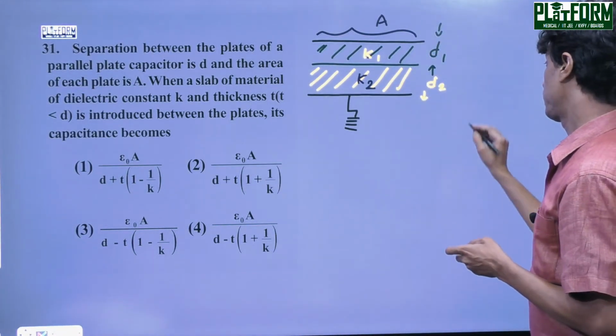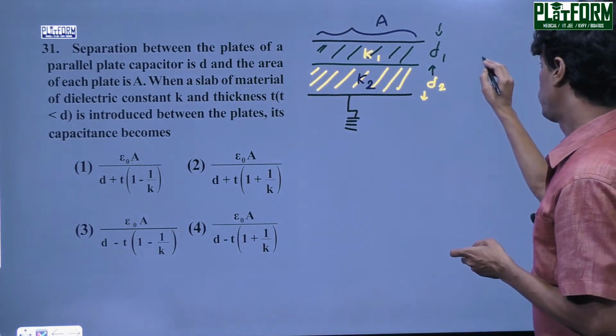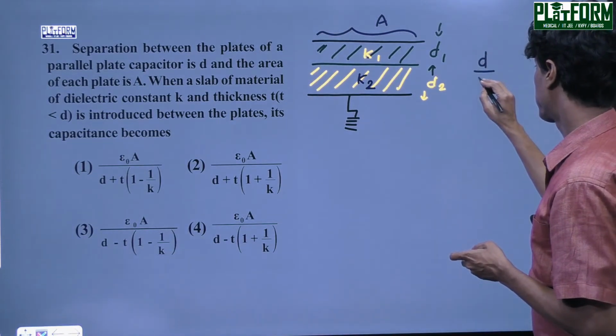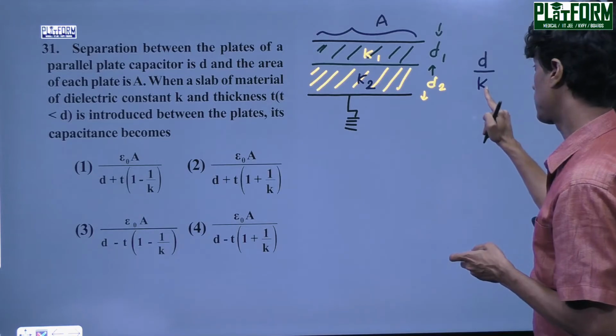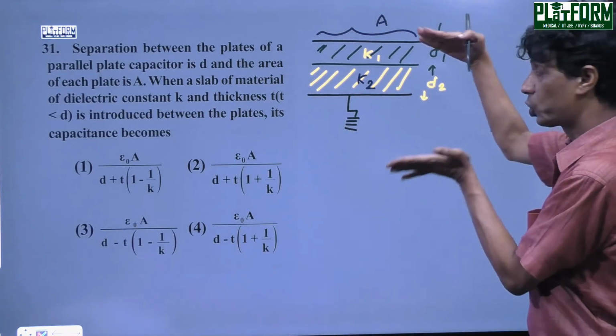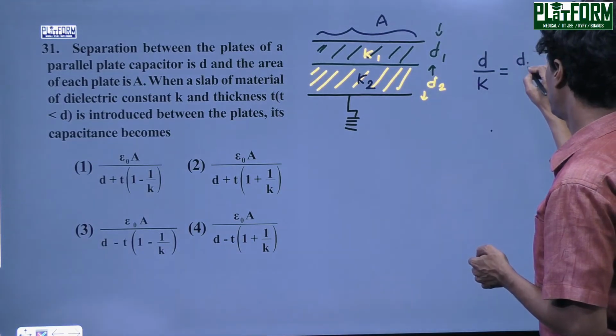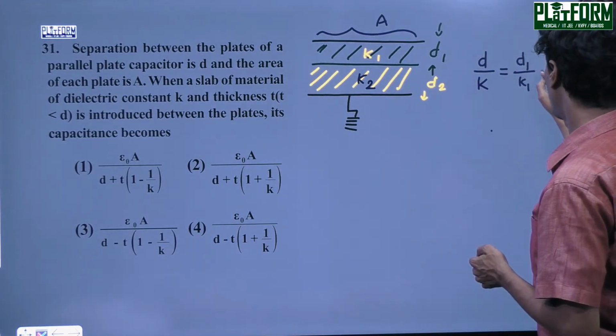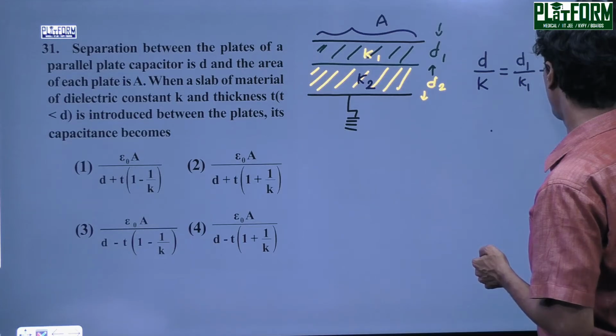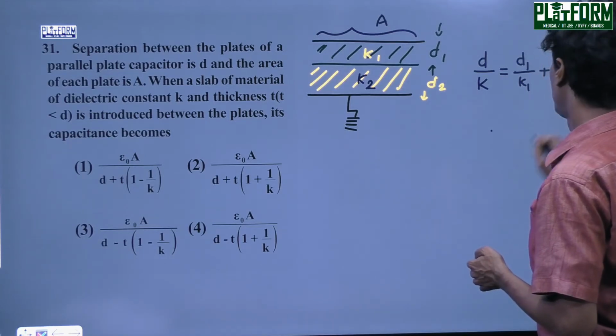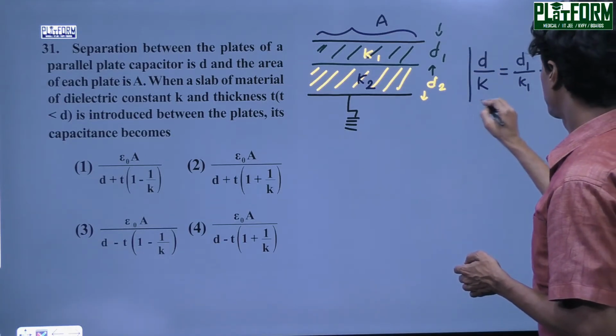So we can say the equivalent dielectric constant is given by D, the total separation, divided by D1 by K1 plus D2 by K2. This formula is very important.